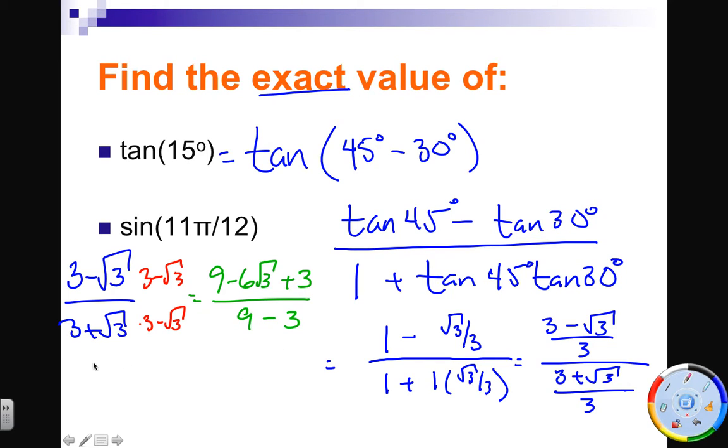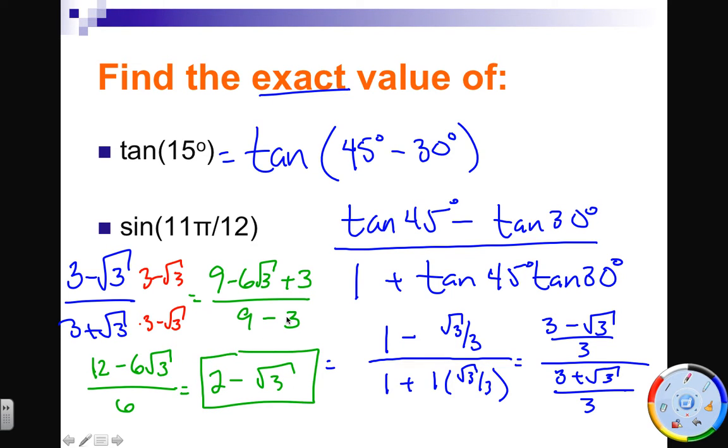So I get a nice and lovely 12 minus 6 radical 3 all over 6. And I get 2 minus radical 3. As long as I didn't make any errors there, we should get 2 minus radical 3.